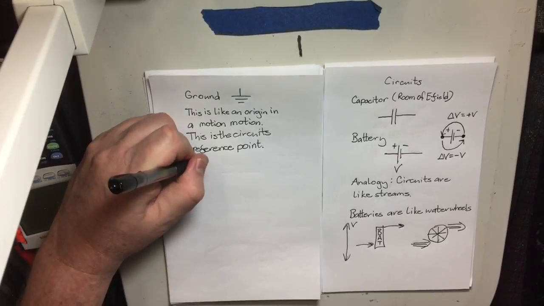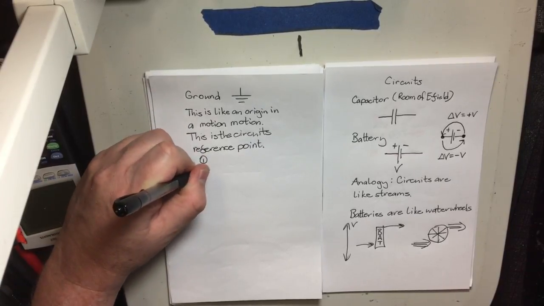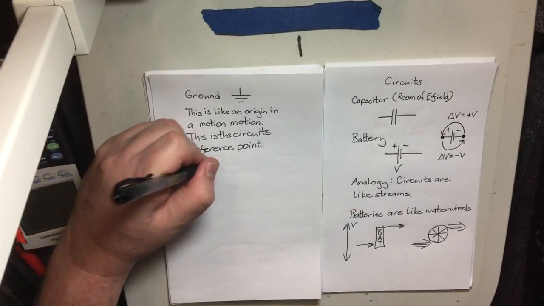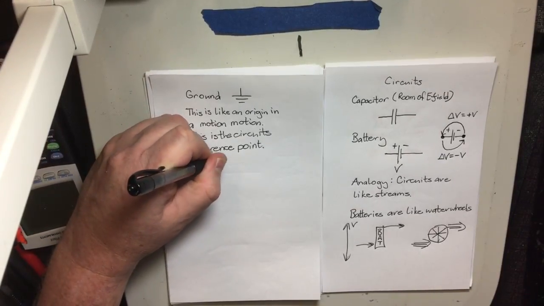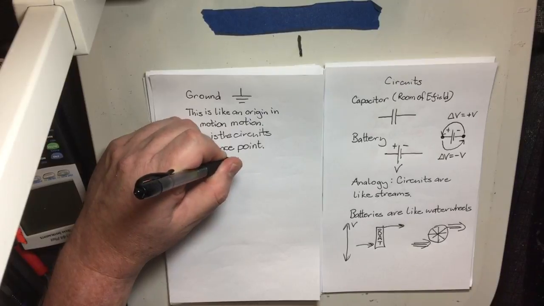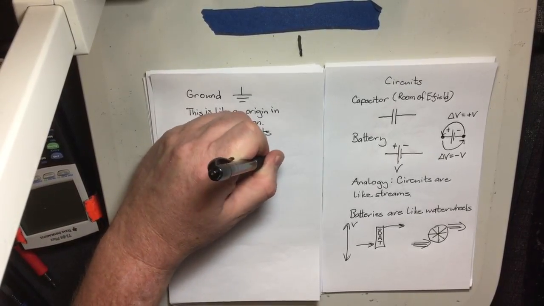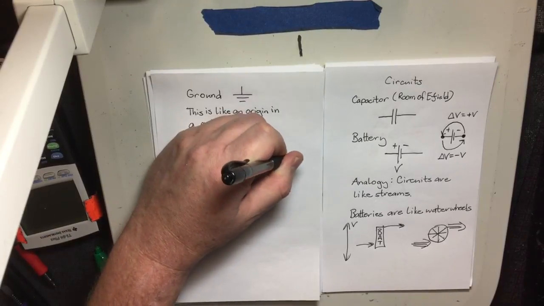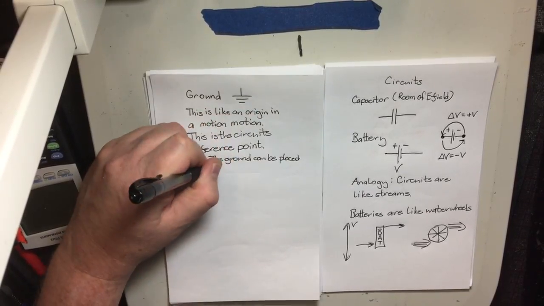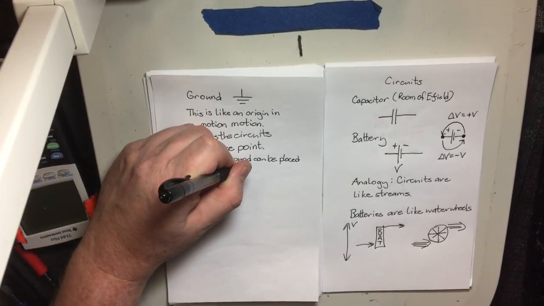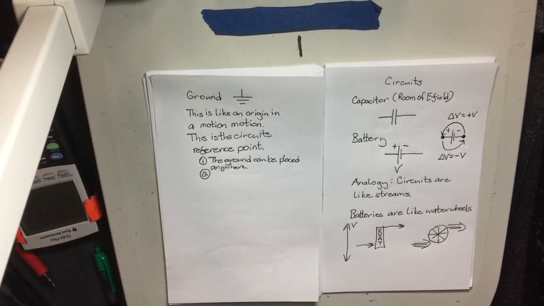Now, grounds have two main qualifications. One, first is a freedom, then there is a restriction. The ground can be placed anywhere. In reality, you can put that ground anywhere on the circuit. It doesn't really matter.